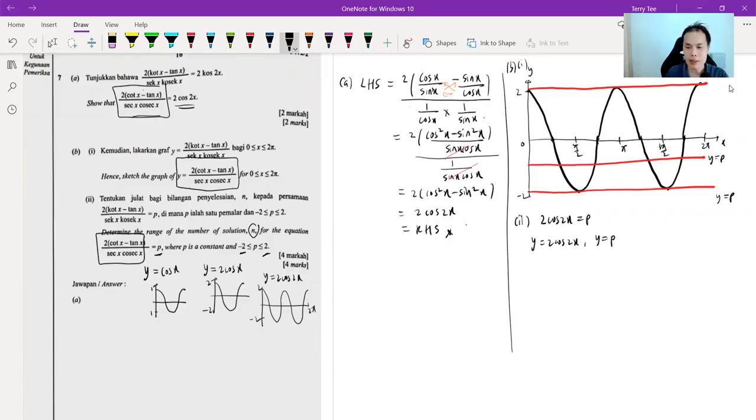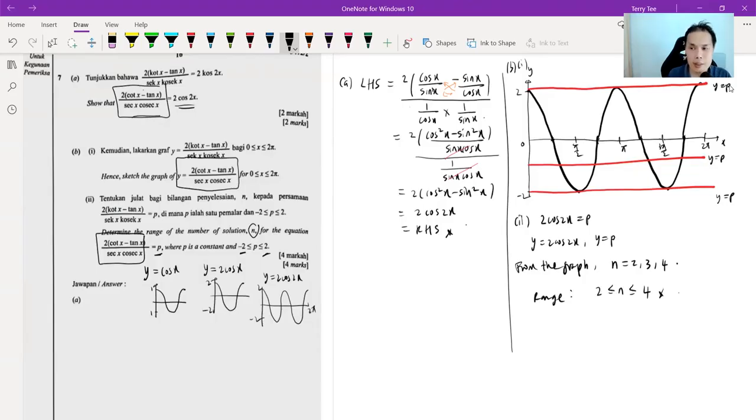And from the graph, your number of solutions n can be 2, can be 4, or it can be 3. It's 2, 3, or 4. So the range of values of n, you have to write the range as n between 2 and 4.